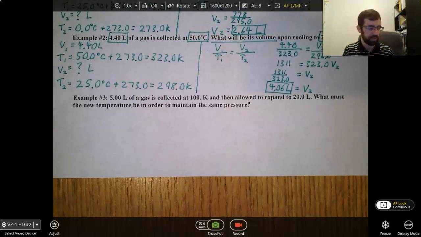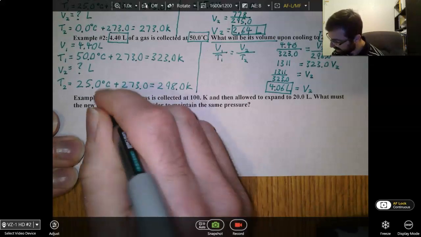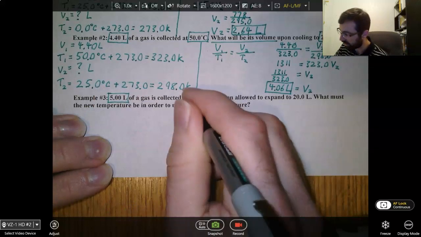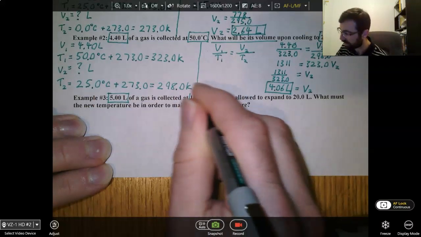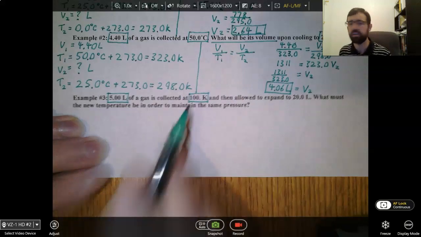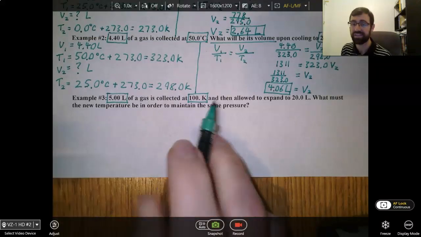Example number 3. I've got 5.00 liters of a gas. It's collected at 100 Kelvin. 100 point, that means I've got 3 sig figs there. It's already in Kelvin, so I don't have to convert to Kelvin because it's not in Celsius.